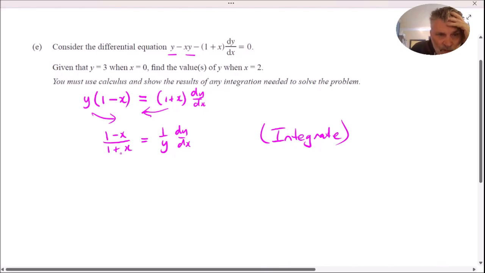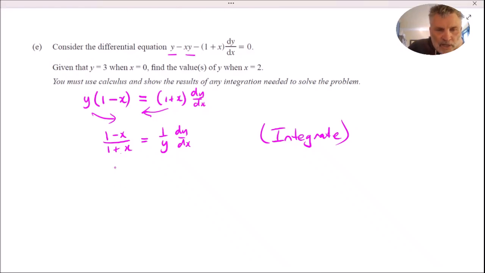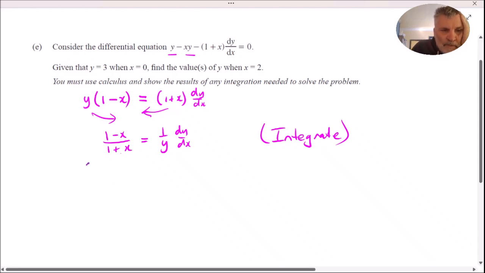We don't have a quotient rule for integration, so we need to separate this into things that we can integrate. The way that can be done is if we change that 1 to a 2 and take off a 1 and put it over 1 plus x, and leave the other thing the same on the other side.